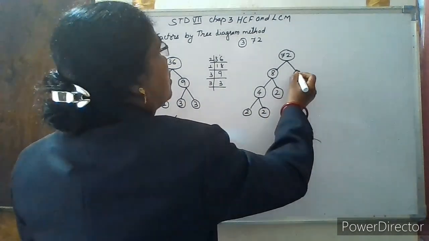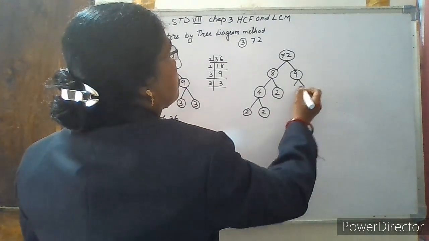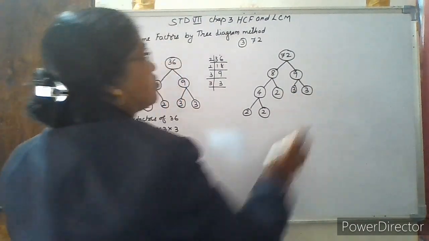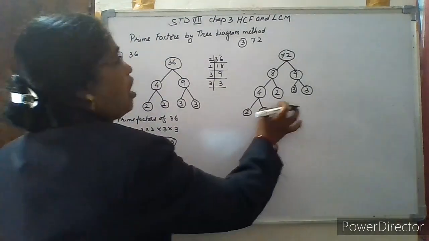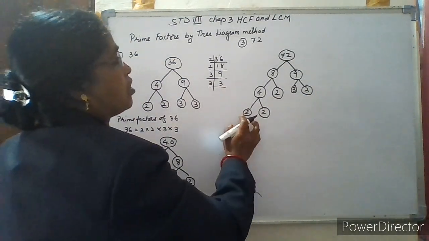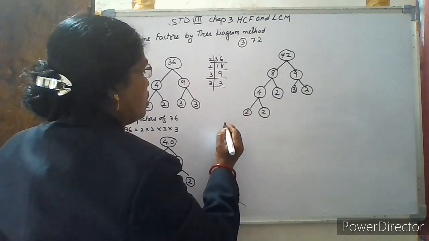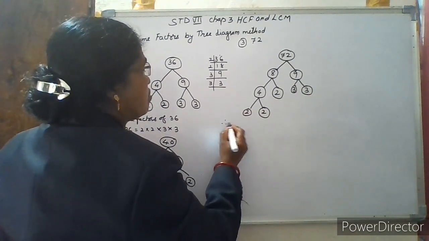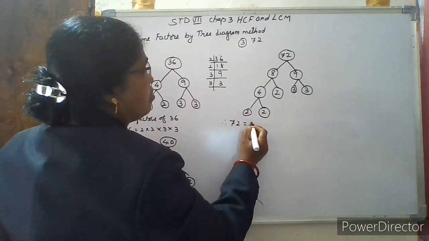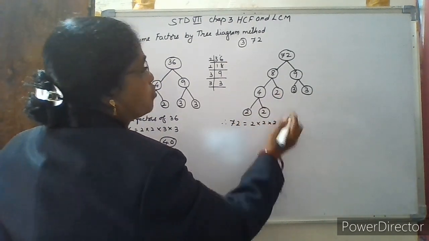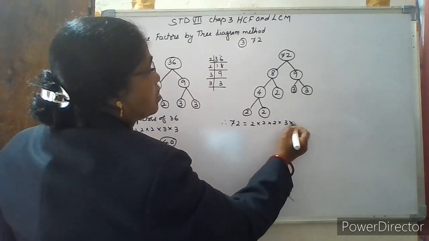Now come here, 9 can be factorized as 3 threes are 9. So you see the last numbers are all prime numbers: 2, 2, 2, 3, 3. Therefore 72 is equal to 2 into 2 into 2 into 3 into 3.